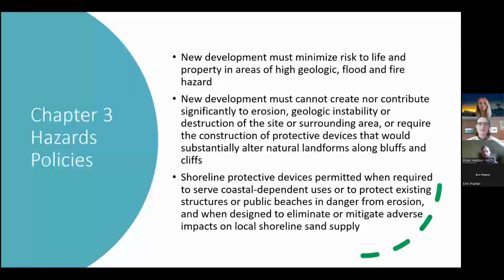And lastly, revetments, seawalls, cliff retaining walls, and other kinds of construction that alter natural shoreline processes have to be permitted when required to serve coastal dependent uses or to protect structures existing at the time the Coastal Act was enacted, or public beaches in danger from erosion. But those need to be designed to eliminate or mitigate adverse impacts on local shoreline sand supply. Next slide, please.